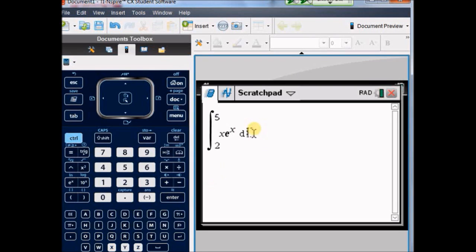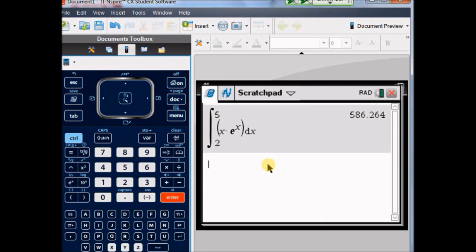And then scroll over here, dx. Enter. It actually gives us that answer. 586.264. We need it to 4 significant digits, so 586.3.